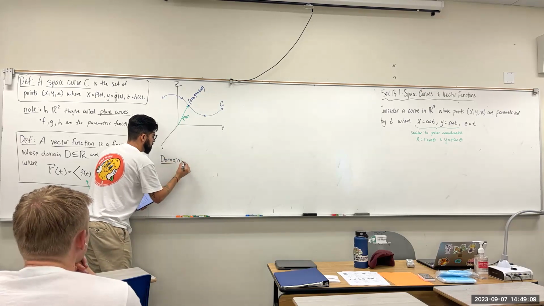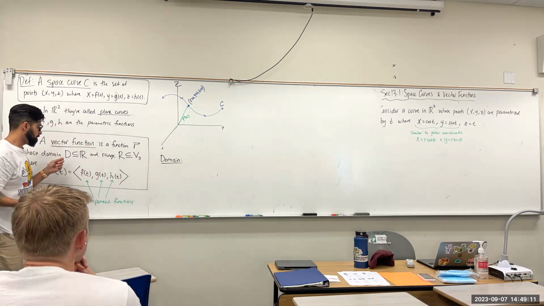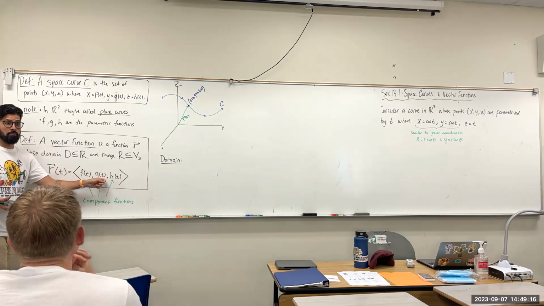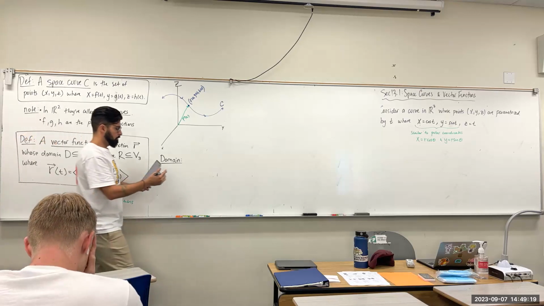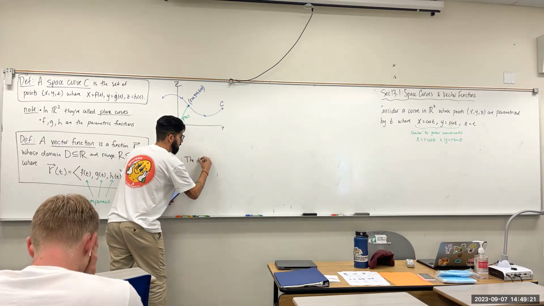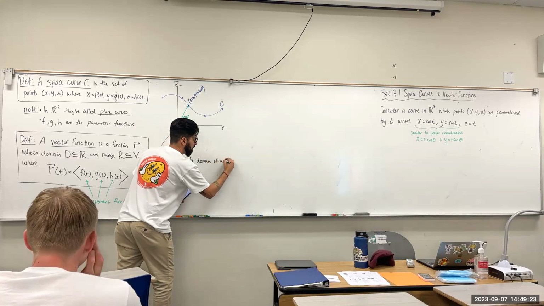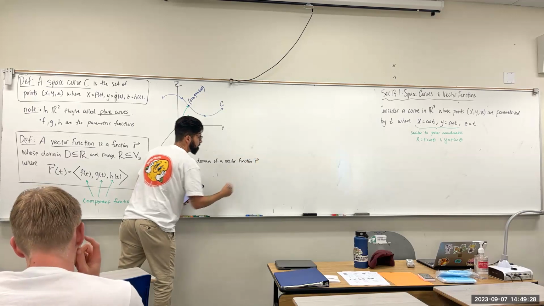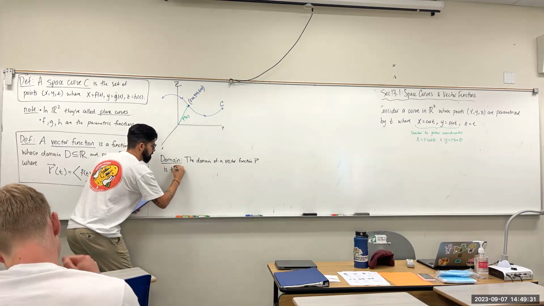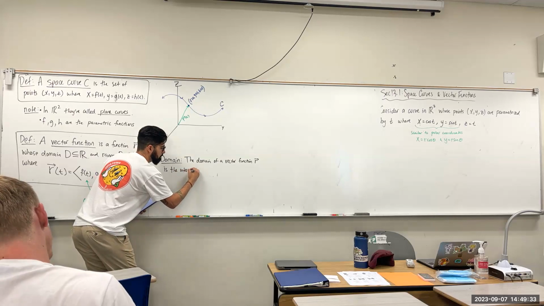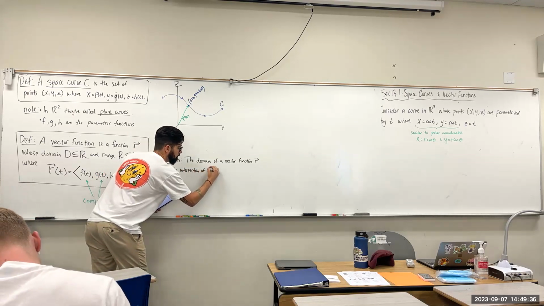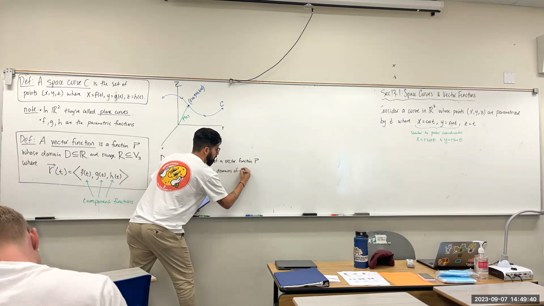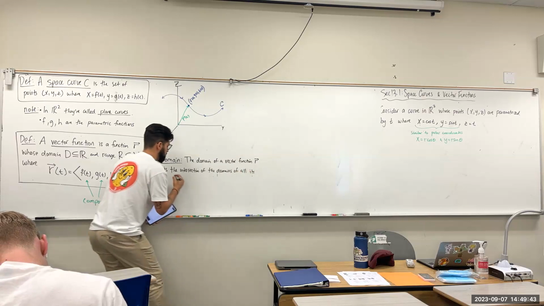So when it comes to the domain of a vector function, now you have to deal with three functions at the same time. The domain of a vector function r is going to be the intersection of the domains of all its component functions.